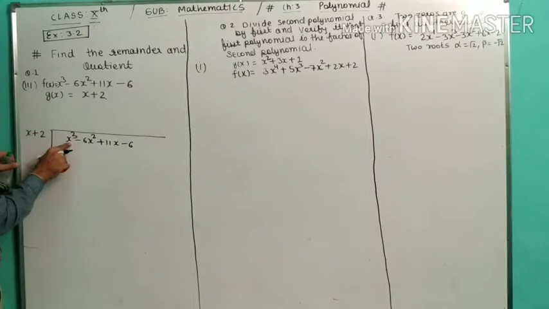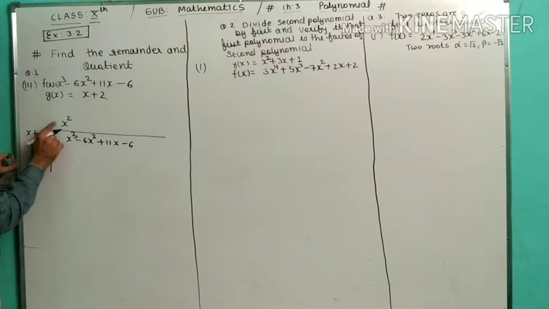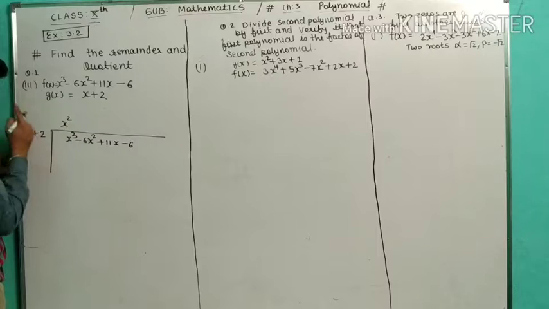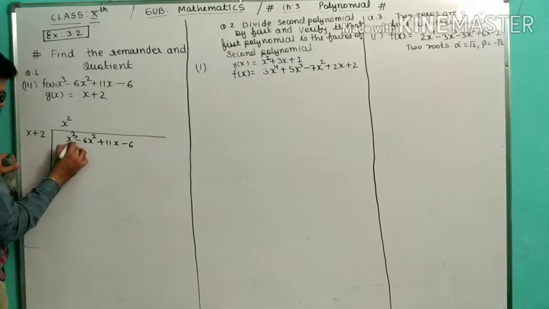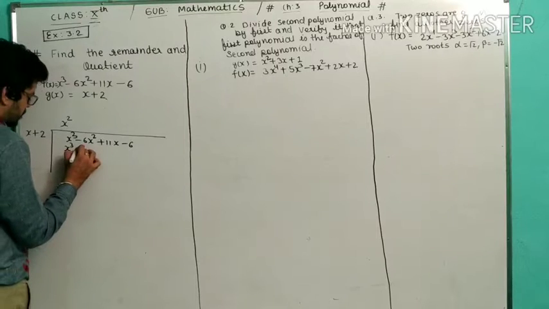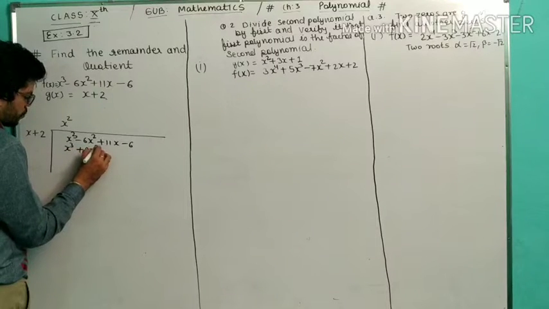x cube divided by x, the answer is x square. What I did: we take the first term and divide it by x, the answer is x square, and whatever answer comes is multiplied with both terms. So x square multiplied with x is x cube, and x square multiplied with 2 is plus 2x square.